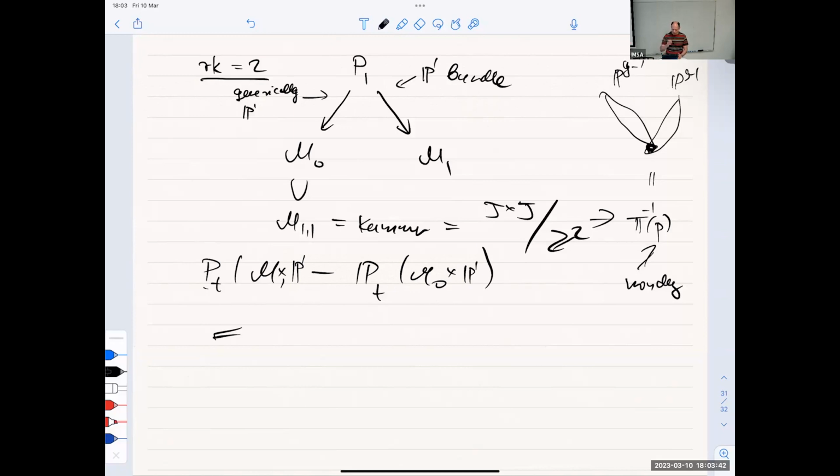I don't have time to fix it precisely, but it will give you an idea. What you get is very amusing: you get either the Kummer or the anti-Kummer, if you like, depending on the genus.